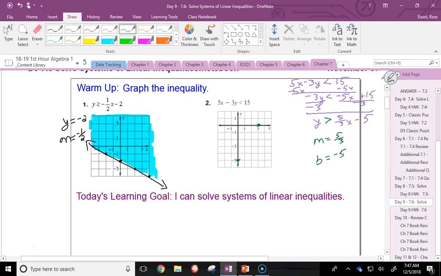Dotted. And it is greater than. So I'm going to go up on the top of it. I'm doing this backwards.